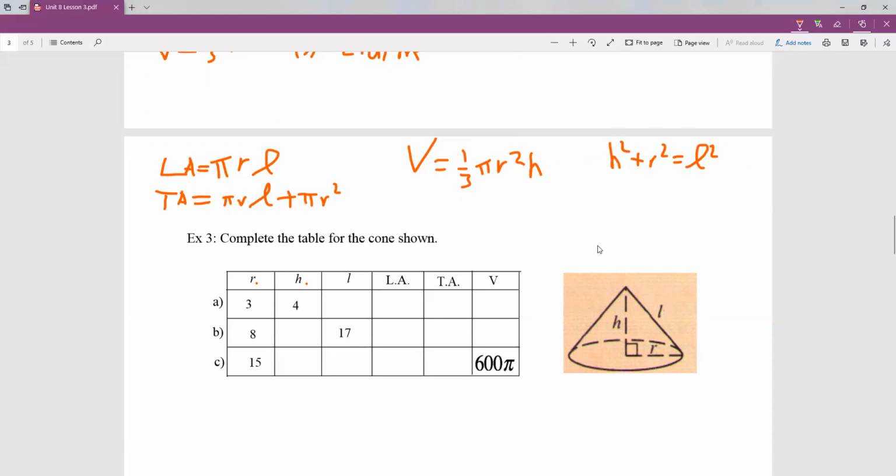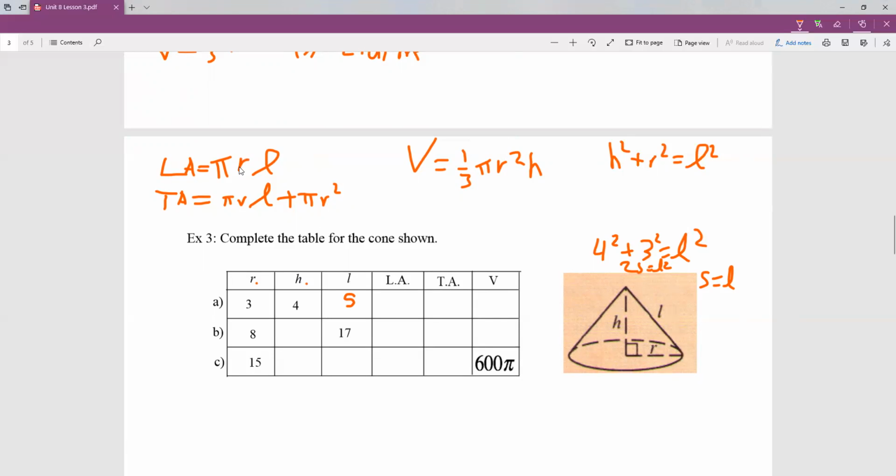So h squared is 4, so 4 squared plus r squared, r is 3, is going to be equal to L squared. So this is going to be 16 plus 9. 16 plus 9 is 25 equals L squared. And what times what gives me 25? That would be 5. So 5 is equal to L. You can also know that it's a 3, 4, 5 triangle, but I didn't know that. So I did the Pythagorean theorem.